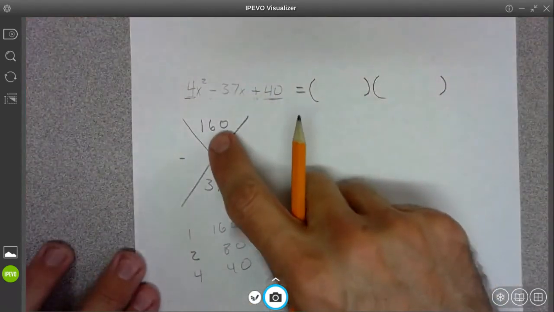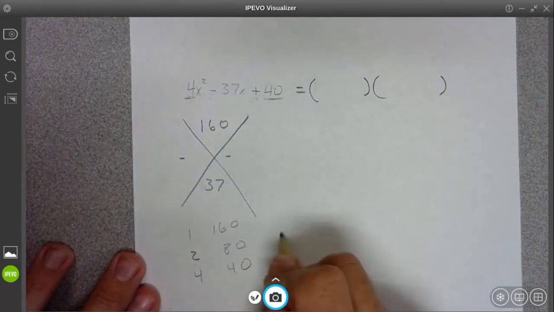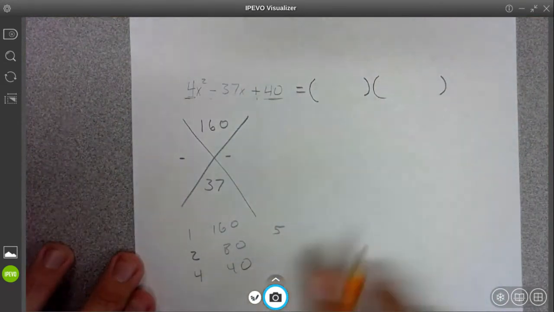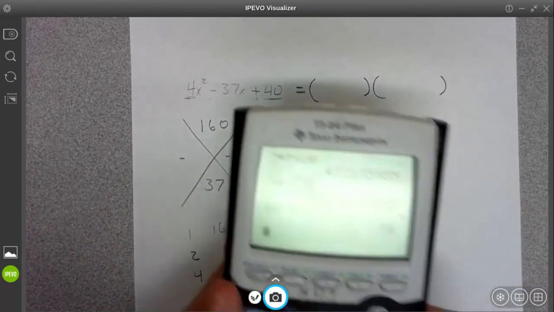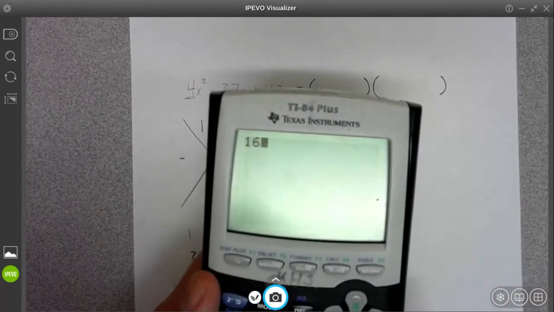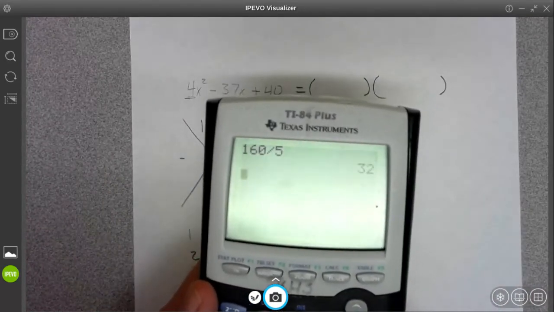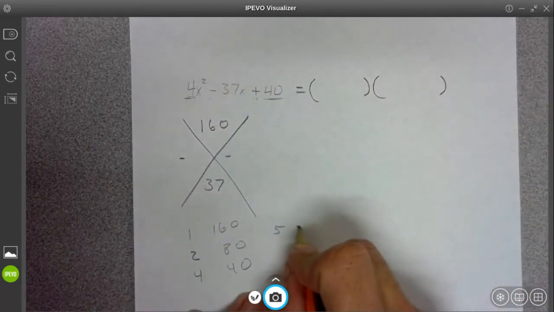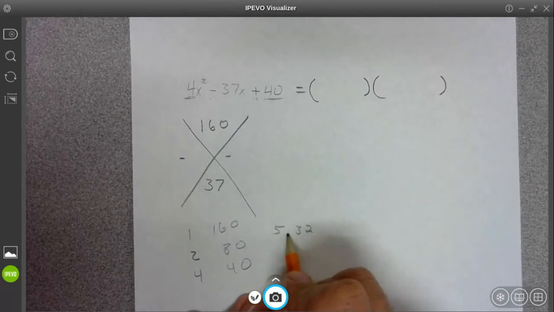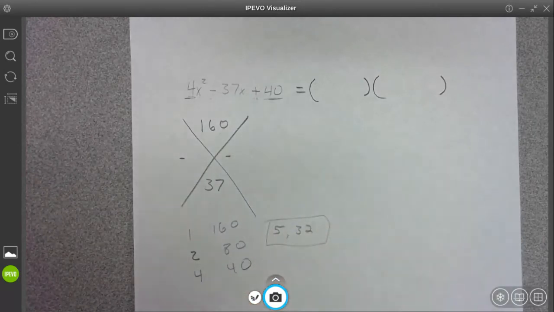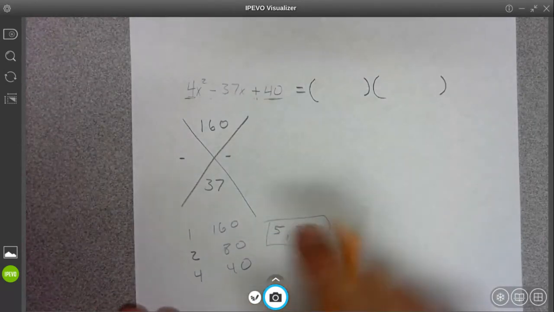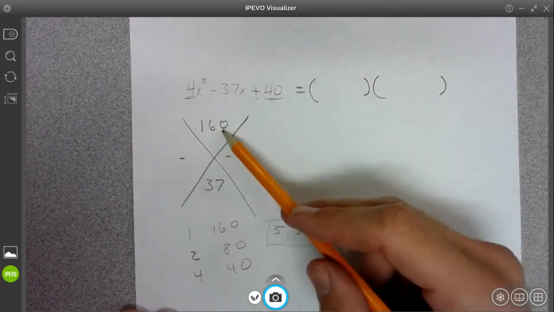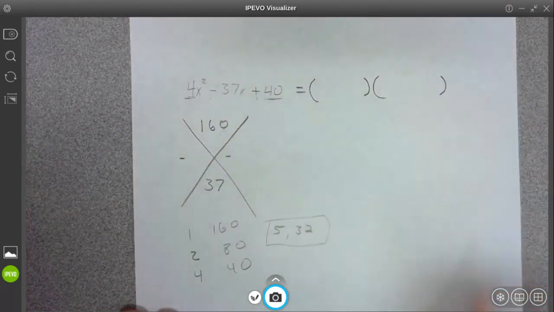5 will go into 160. 160 divided by 5 is 32. That's it. 5 and 32. Okay, so they multiply to 160 and they add up to 37.